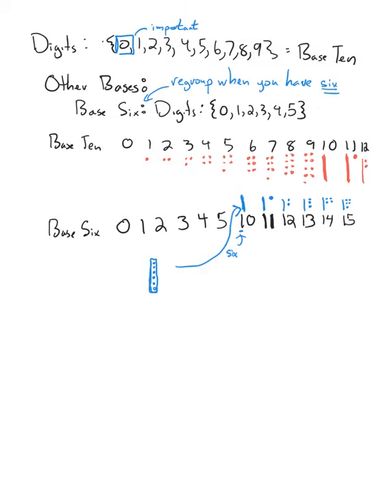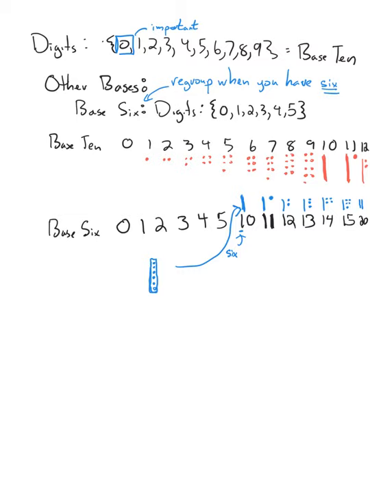But in base 6, well, if I add another 1 here, I'm going to have 6 ones. I already have 5. If I have another 1, then I'm going to have 6 ones. So if I add 1 and then I regroup, I now have 2 sixes and no ones left over. So I can represent 12 in base 6 as 2 0.